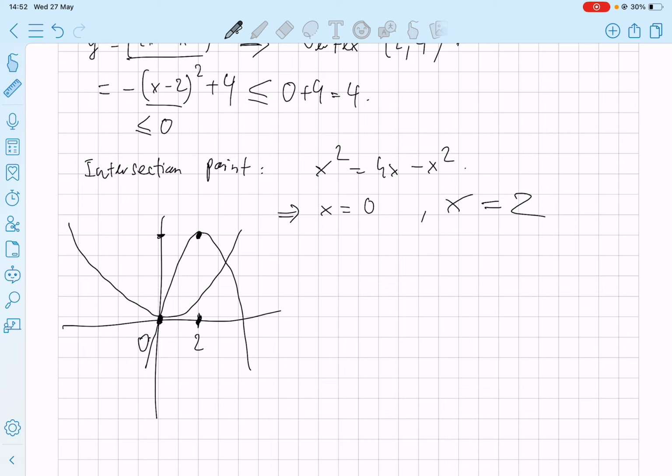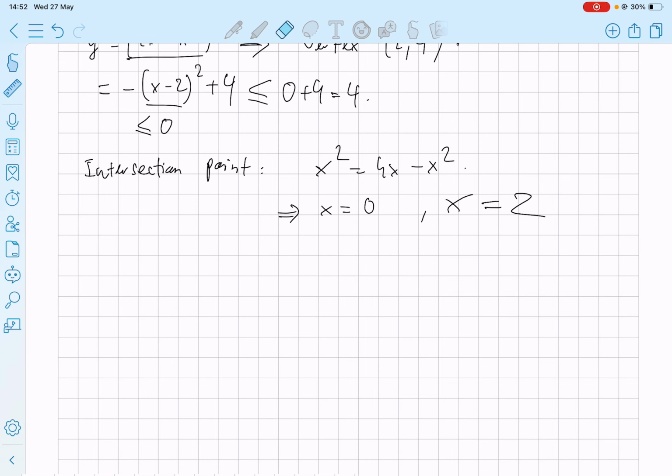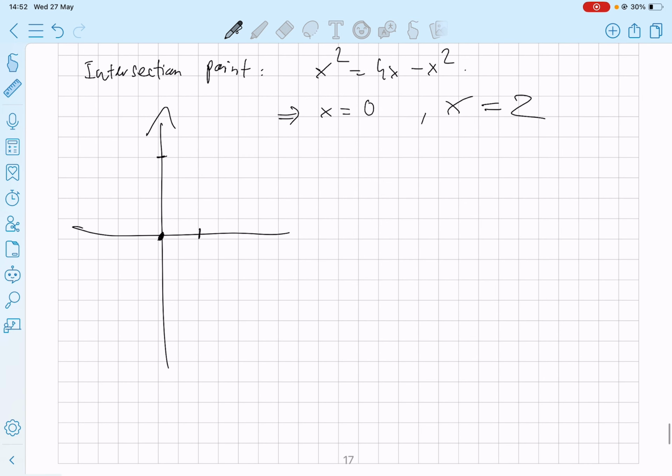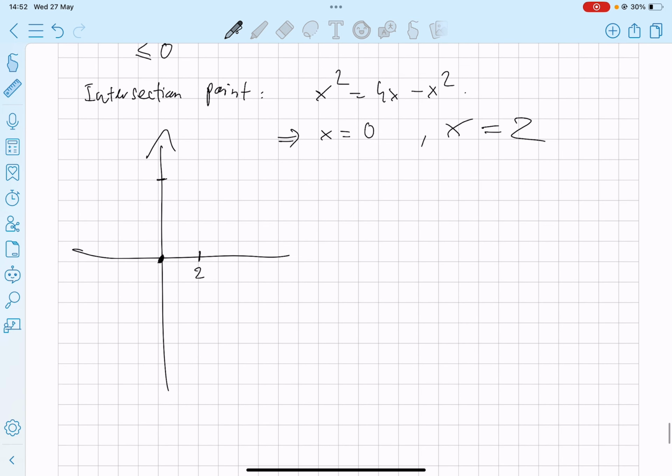Oh no, wait, actually I did something wrong here, so let's graph it again. So 2 will be here, 4 will be here, and it will intersect at 0 and 2. So 2 is here, 0 is here.